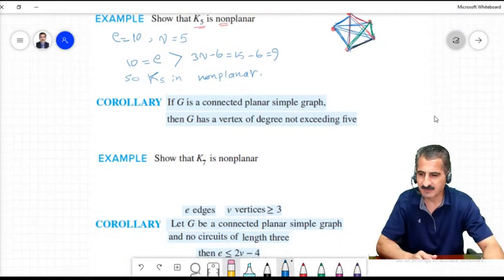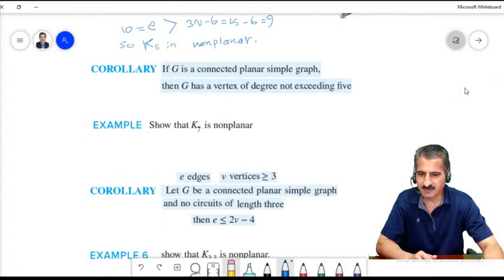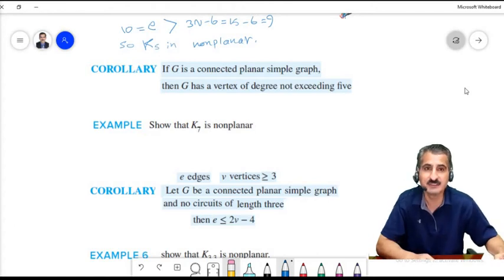Okay. Let's see another corollary. It says if G is a connected planar simple graph, then G has a vertex of degree not exceeding 5.